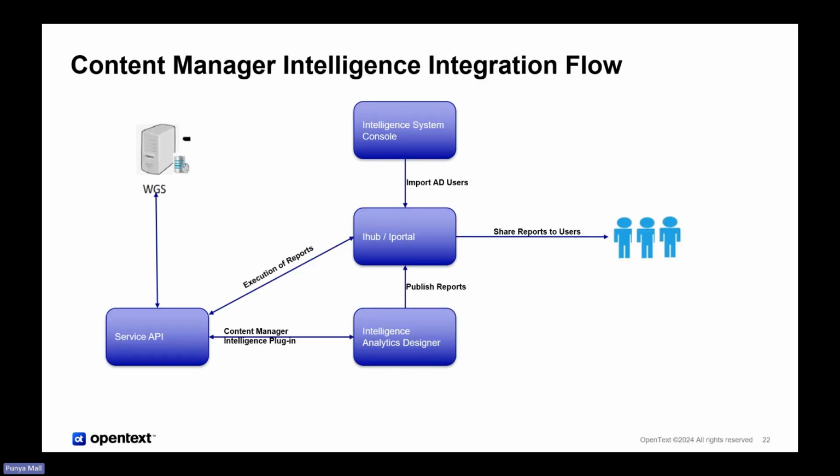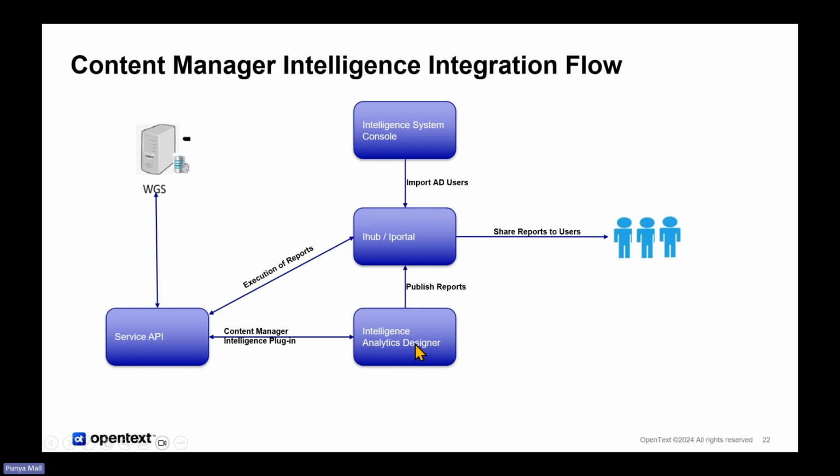So basically, once we have installed the three EXEs, this is how they talk to the Content Manager workgroup server. Below, you can see the Intelligence Analytics Designer. This is where the Content Manager plugin is integrated, and it talks to the configuration of the service API and the authentication method. All of this happens through the service API to the workgroup server.